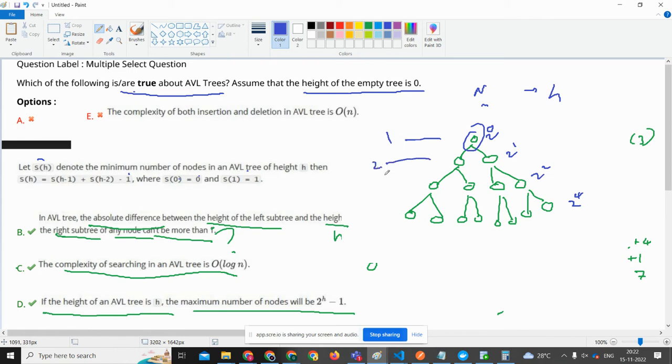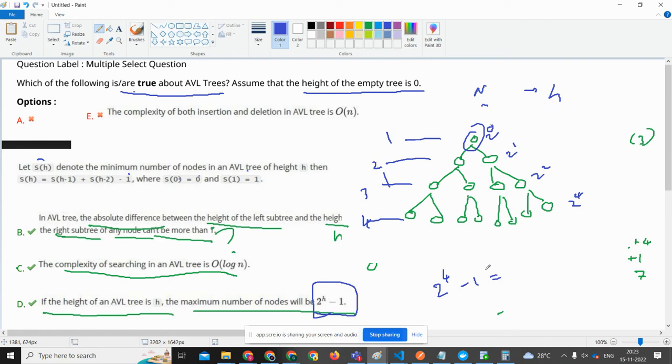So this is height 1, 2. This is height 3. This is height 4, right? So then 2 to the power 4. Is it height 1, 2, 3, or am I going wrong? I guess the height at the first level is 0. No, remember that if you have one node, its height is one. So the height is correct. Okay, so the number of nodes, how is this done? 2 power h, 2 power 4 minus 1.